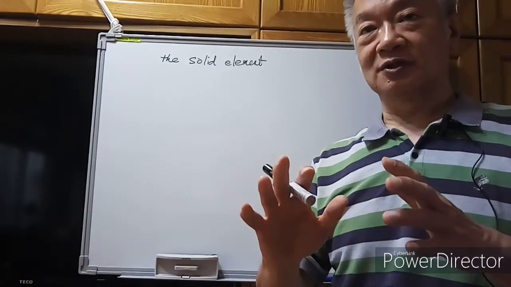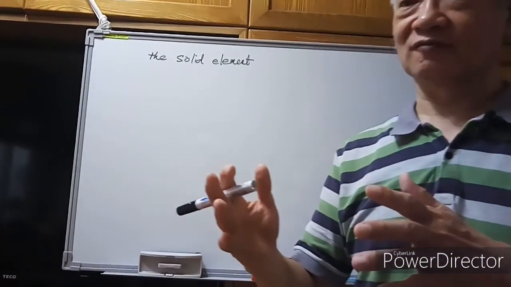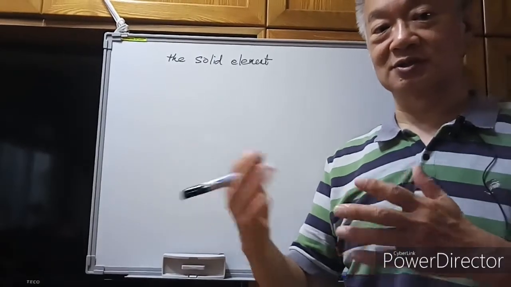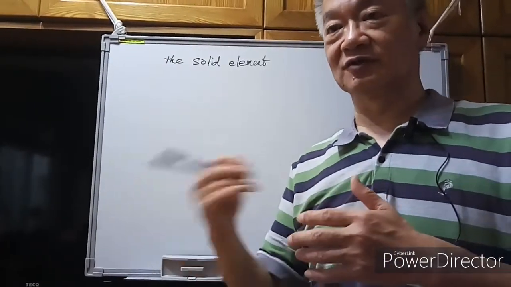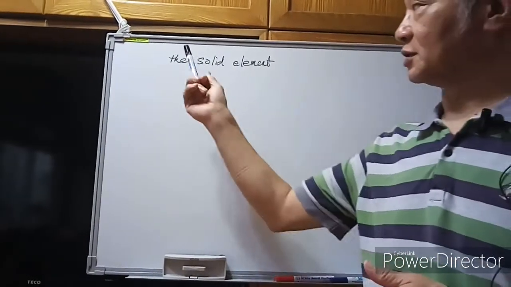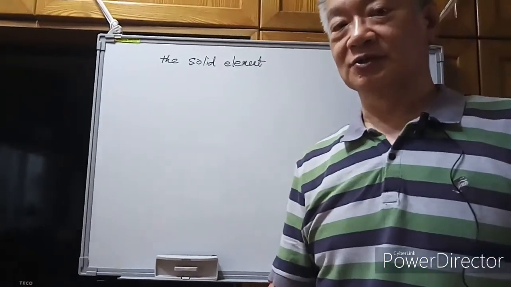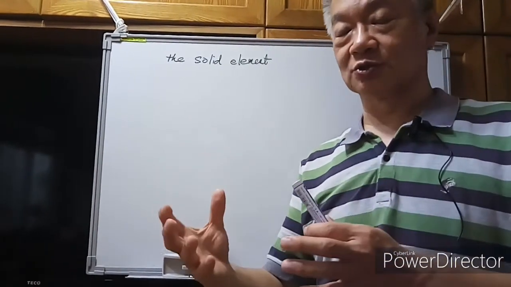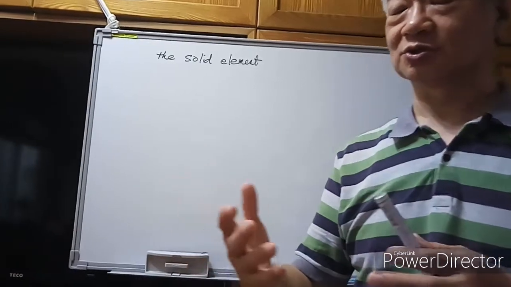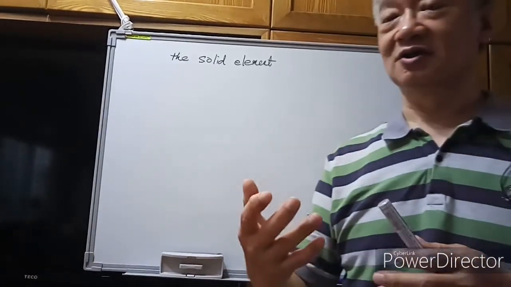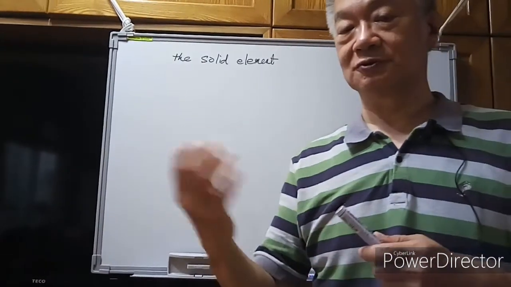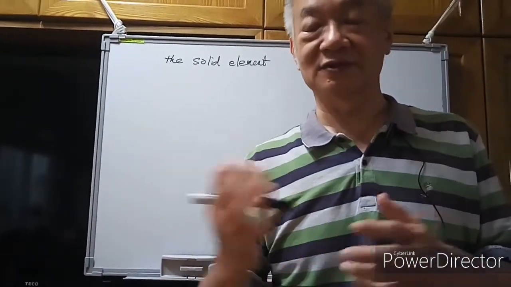So there is always some kind of spatial characters for those structural models. If we talk about the solid element, it is a three-dimensional structure. Almost all structures must be three-dimensional things.